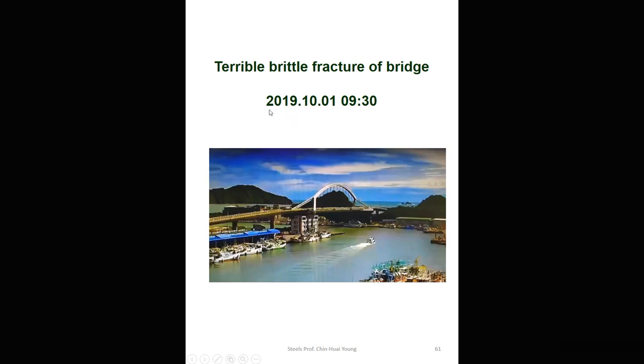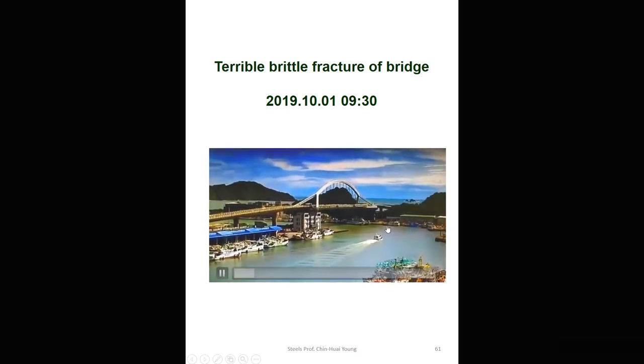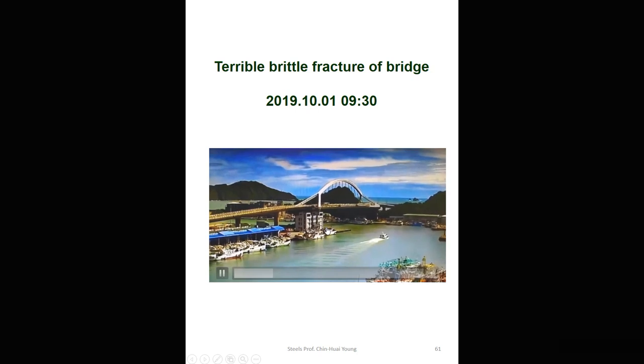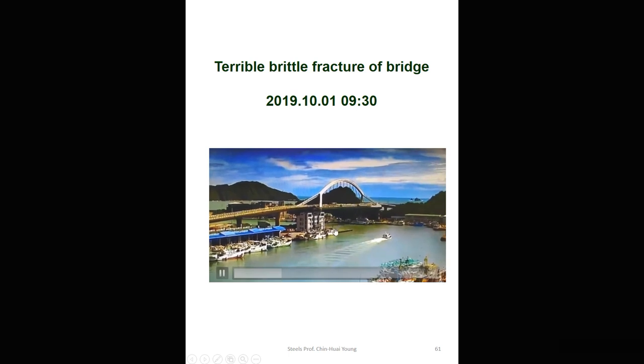The story is 2019, last year, October 1st, 9:30 a.m. in Taiwan, on the east coast of Taiwan. One morning, a truck was on the bridge.